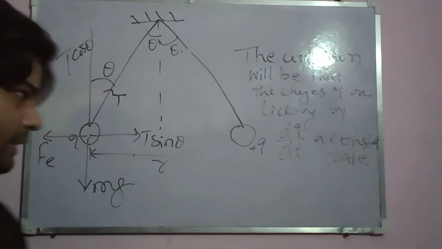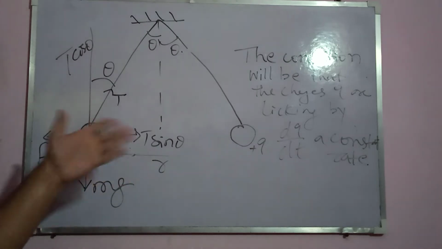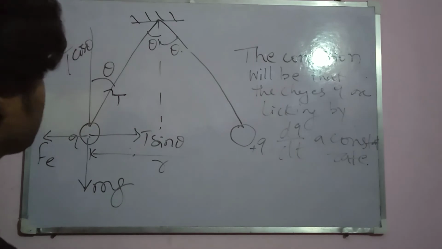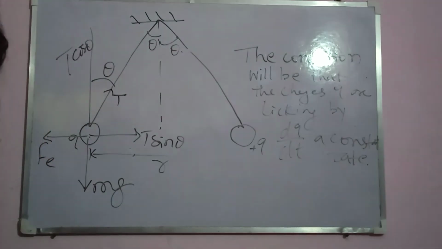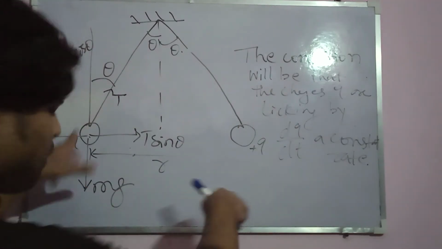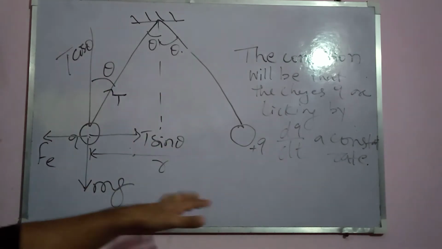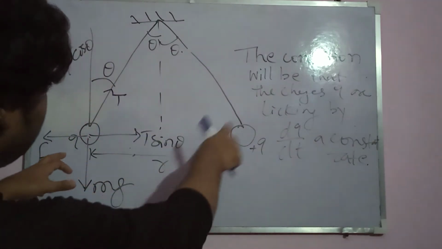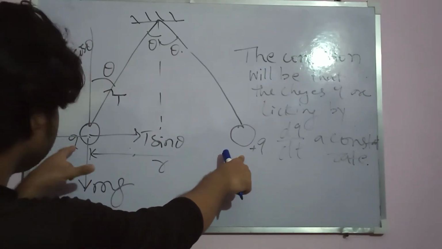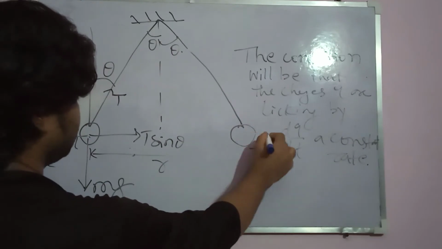So what will be our reaction? First I will do a qualitative analysis, then a quantitative analysis of what happens in the question. Within the qualitative analysis, the magnitude of Q on both sides is reducing at a constant rate dq by dt. Both amounts of charge are reducing with time, so the repulsive force will decrease.